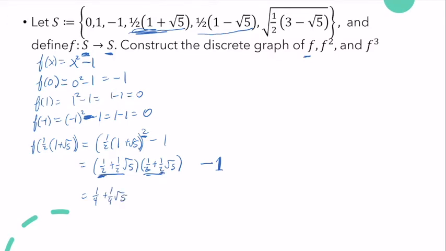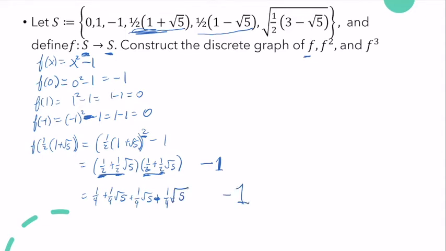That gives me 1/4 square root of 5. I'm going to take 1/2 square root of 5 times 1/2. That's another 1/4 square root of 5. And then I'm going to take 1/2 square root of 5 times 1/2 square root of 5. That's going to give me 1/4 times 5, because the square root of 5 times the square root of 5 is 5.